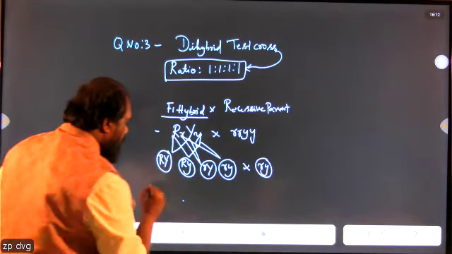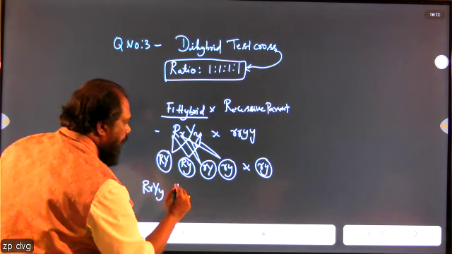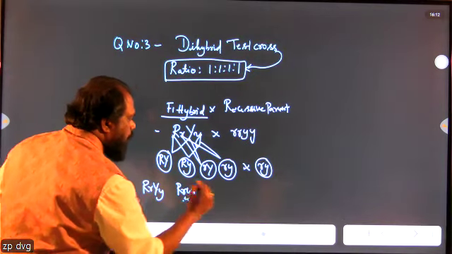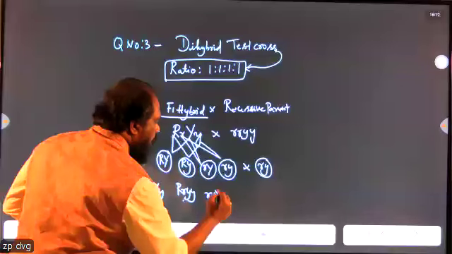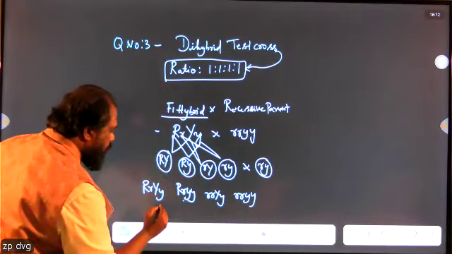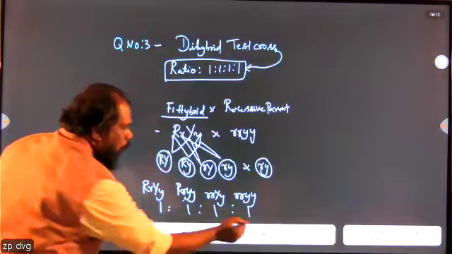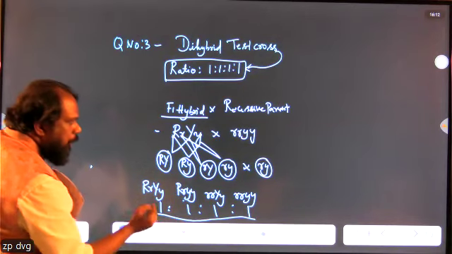So when you cross, you will get capital R small r capital Y small y, capital R small r small y small y, small r small r capital Y small y, and small r small r small y small y. What is the ratio? 1:1:1:1.